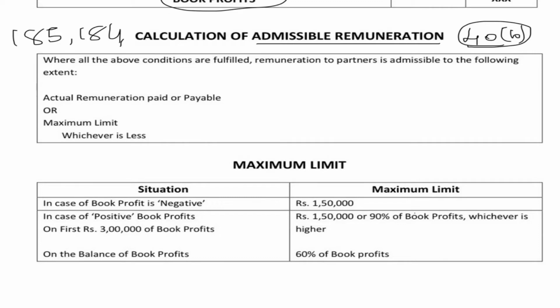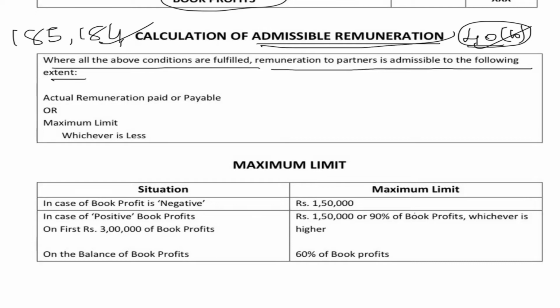Please check the video. Where all the above conditions are fulfilled, remuneration to partners is admissible to the following extent. If they satisfy section 184 as well as 40b, then they can avail the benefit of admissible remuneration.